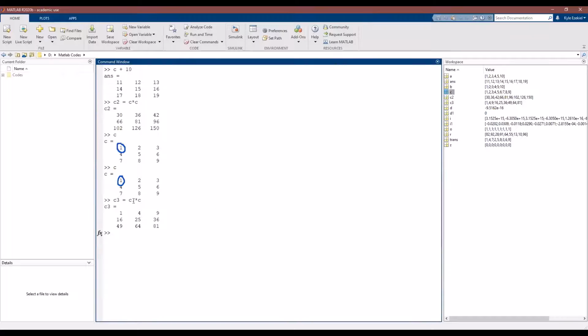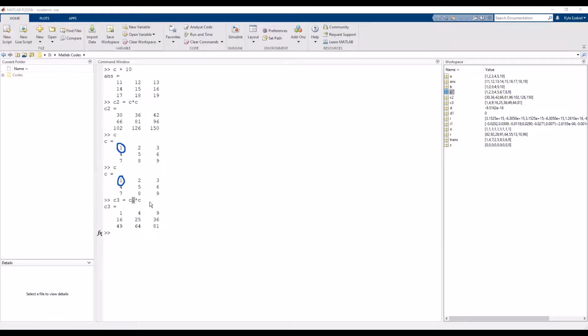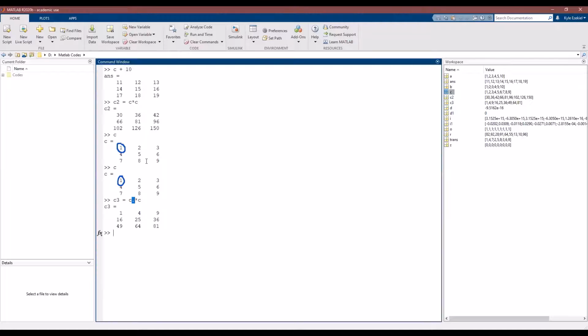So basically, using this dot indicates element-wise, or you can say it's a scalar, but we know that scalar has another meaning, so it's much wiser to call it element-wise. So we are dealing with element by element multiplication or division.